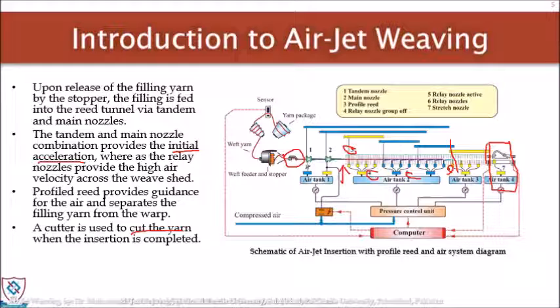A loop will move forward, not the cut end of the yarn. So it is very important the yarn is cut after every pick. This is all about the mechanism of inserting the weft yarn for air jet weaving.